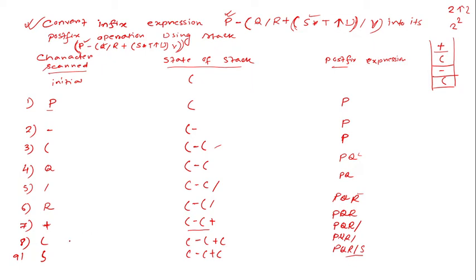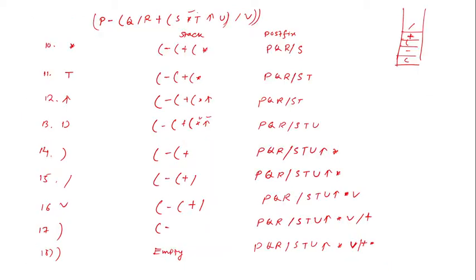Now we have a bracket again, so the bracket can be stored in the stack. Again we have s, so s is stored here. So this is the postfix expression pqr slash s. After that we have a star operator, so star can be stored in the stack. Again t can be attached to the postfix expression. Then we have an exponentiation arrow, so the arrow can be stored inside the stack.